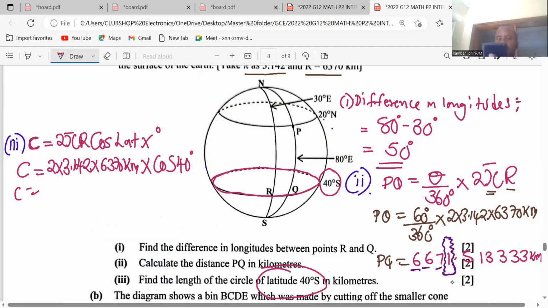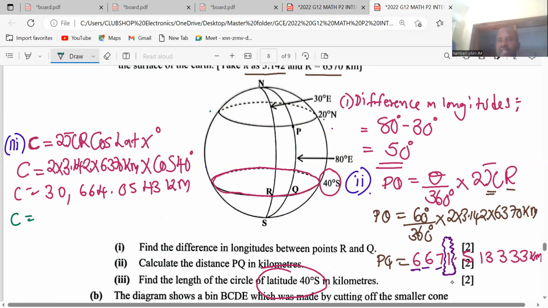What are we getting? We are getting 30,664.0543 kilometers.